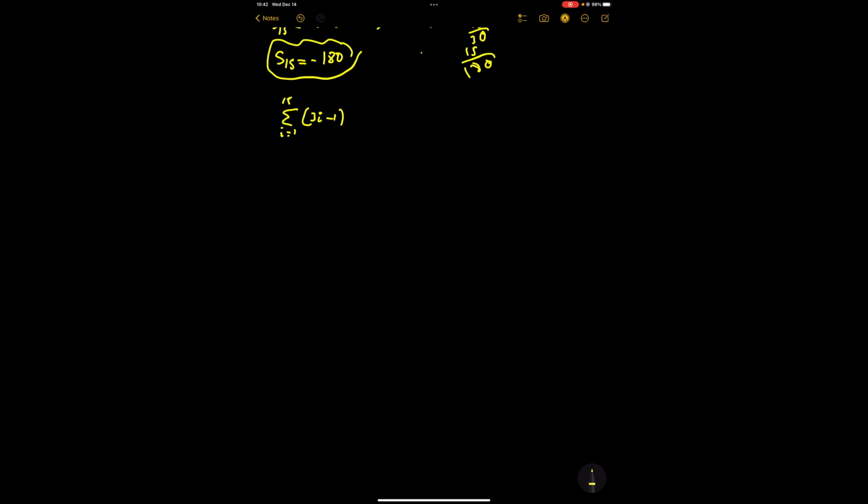3i minus 1. So of course we're going to find a1. a1 is 3 times 1 minus 1. So that means it's going to be 3 minus 1, which is equal to 2, so a1 equals 2. Find a15, which is the last term. That will be 3 times 15 minus 1, which is 45 minus 1, which means a15 is equal to 44. That's the last term, right?